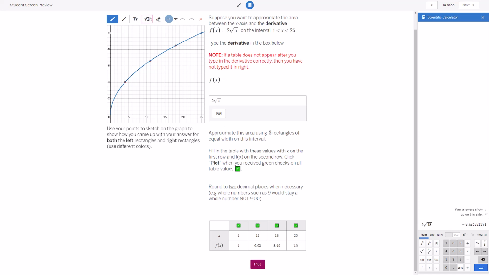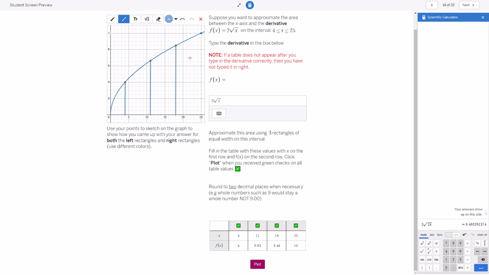So what you're doing now with this graph to be able to draw these out, I'll try to do it with a straight line. If I'm doing a left rectangle, then I am going to start at 4, on the left-hand side. And then I tend to draw all these straight down. That should hit 11 because of my table.